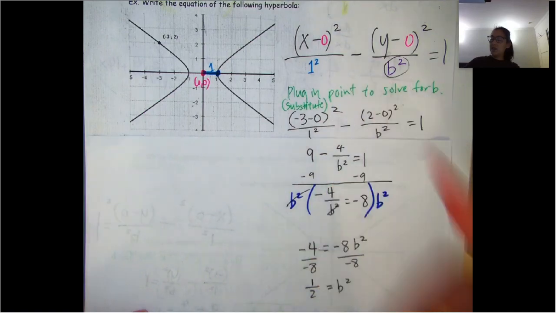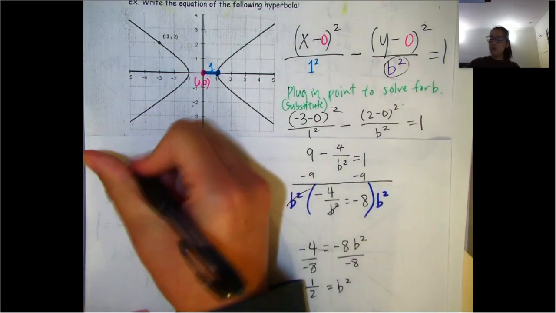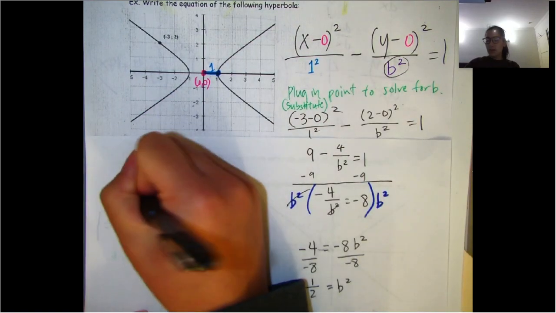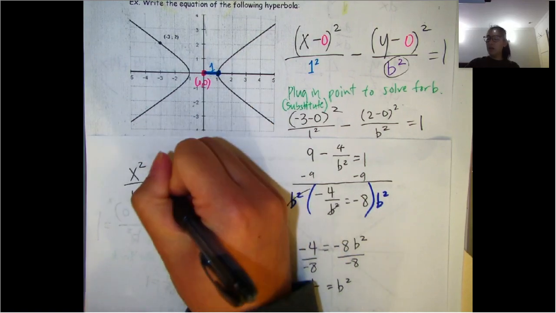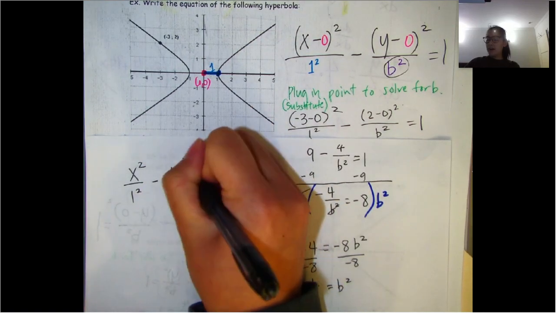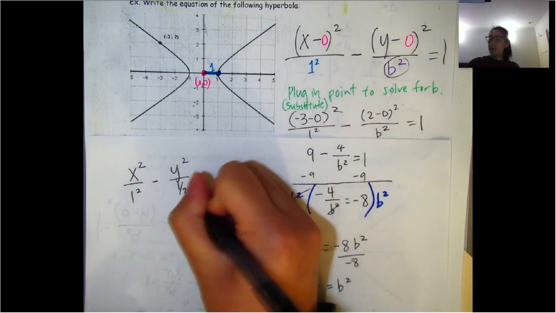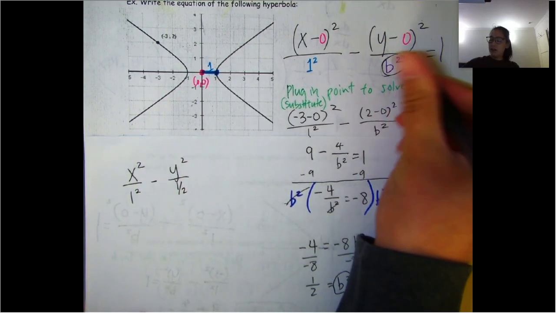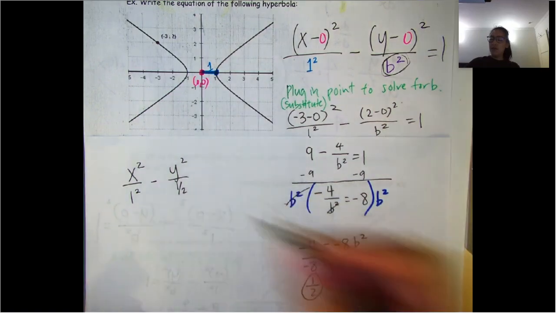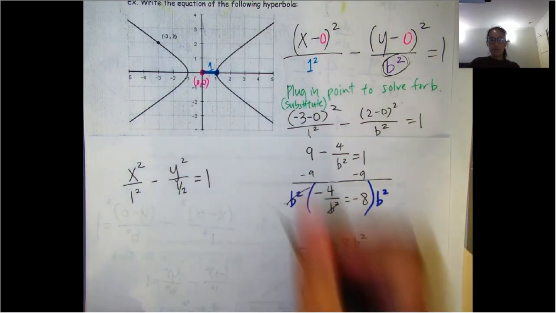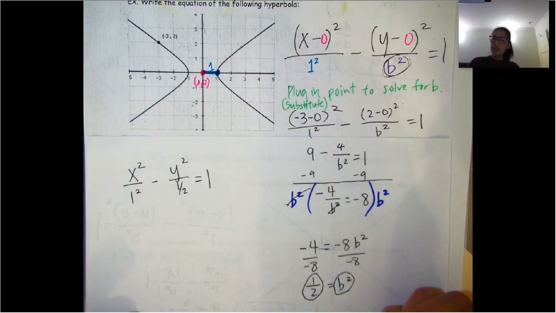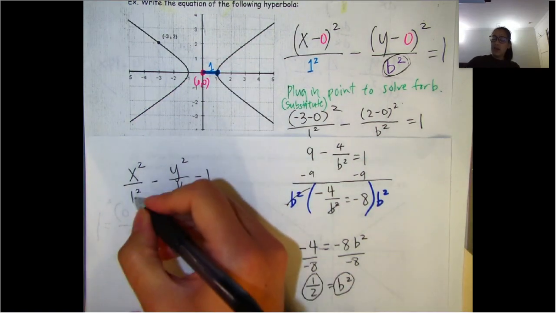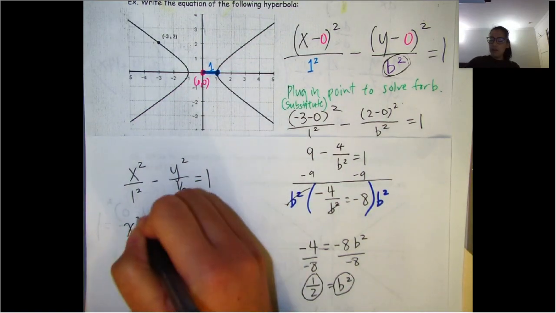So let's go ahead and substitute that in. Well, we can get rid of the minus 0. So you have x squared over 1 squared. You can probably get rid of that too, minus y squared divided by 1/2, because we said that the entirety of b squared is 1/2. So we put 1/2 in, and then equals 1. And then let's simplify. So the x squared over 1 is just x squared, minus.